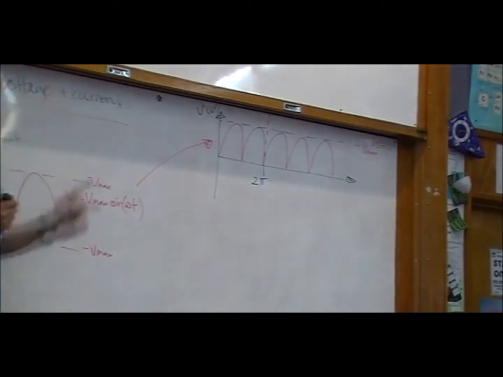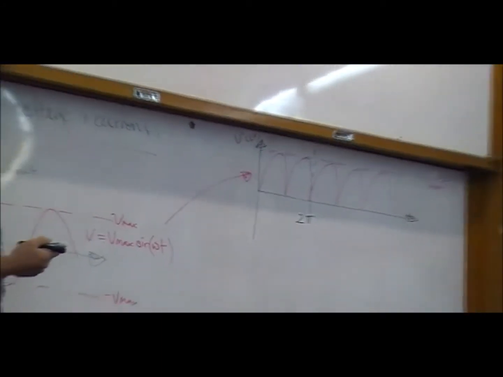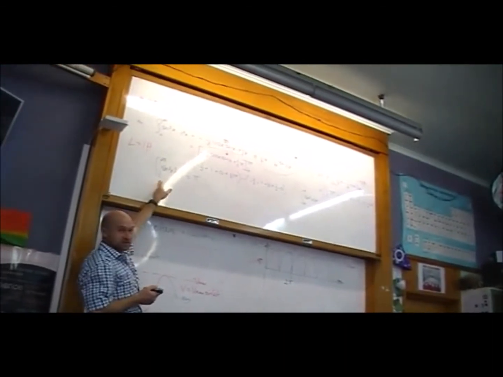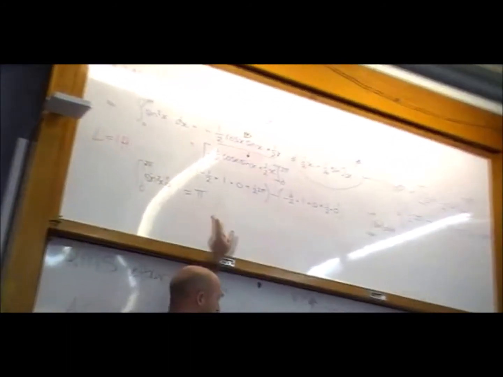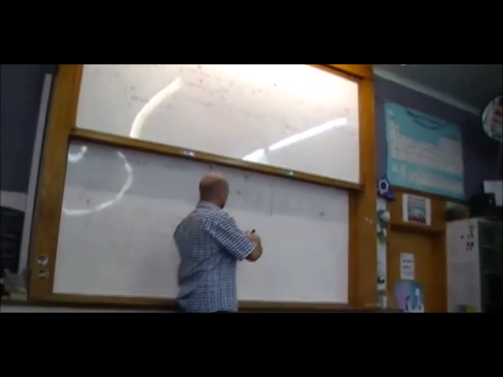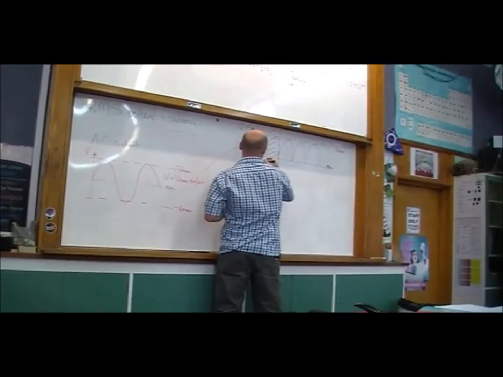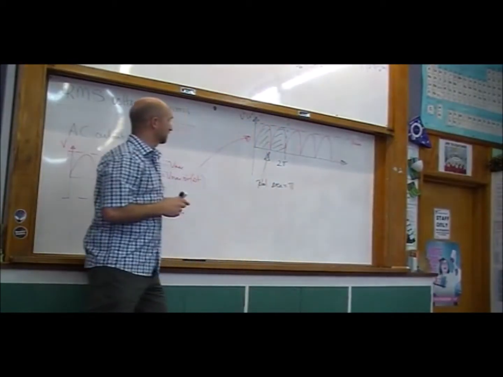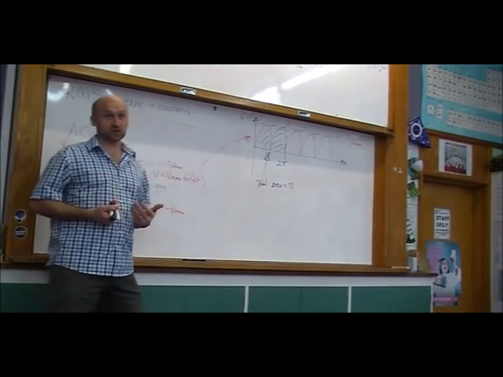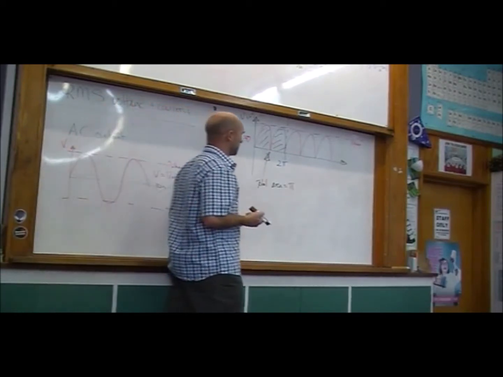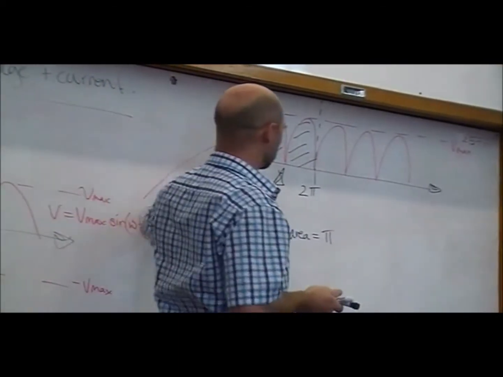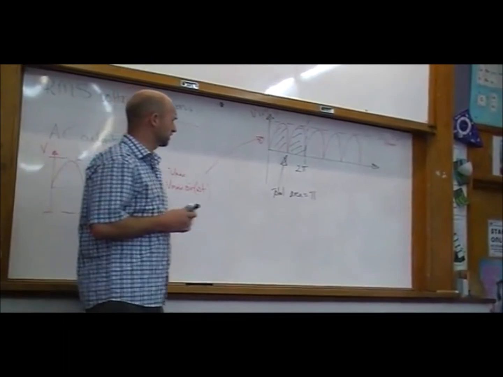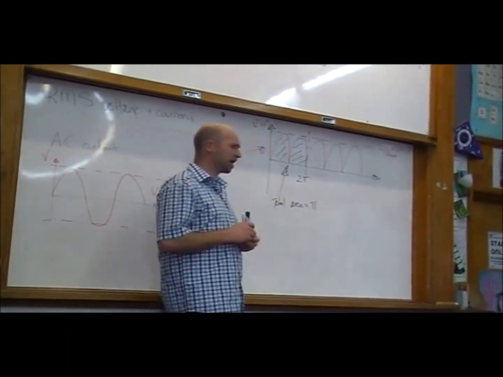I googled what you get if you integrate sine squared x, and it turns out that with a little bit of working, you can persuade yourself that the total area under that graph between 0 and 2 pi is just equal to pi. That's just for a sine squared graph, not a Vmax squared sine squared graph, but that'll all come out in the wash. So what's the average value of a sine squared graph over the first 2 pi?